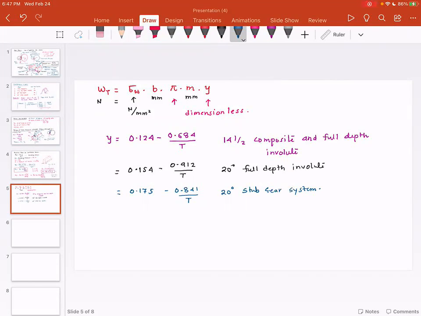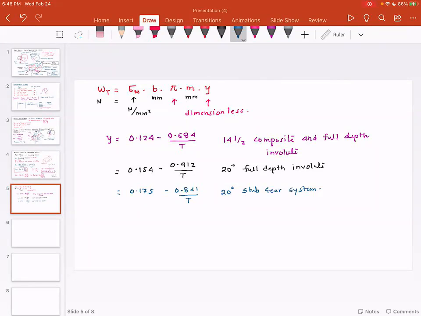Then you have to see whether you are going to use a full depth or a stub gear system. And once you make this determination, you can find out the value of Y, and then you can use the equation for beam strength, which is Wt is equal to sigma W multiplied by B multiplied by pi multiplied by M multiplied by Y.